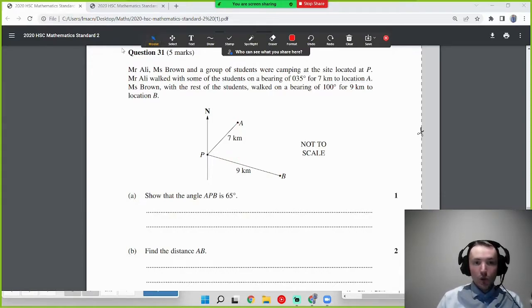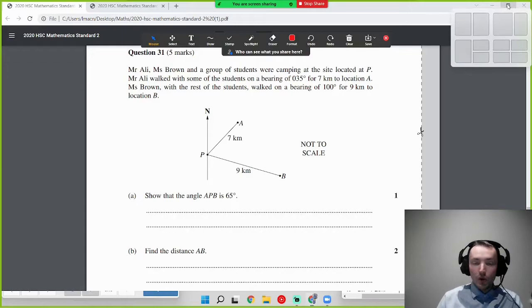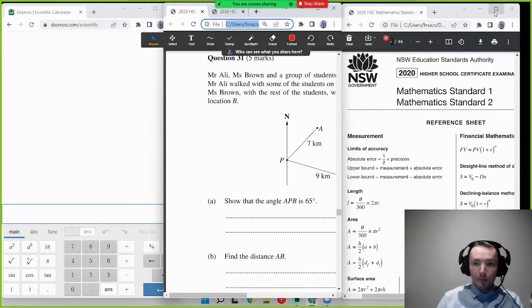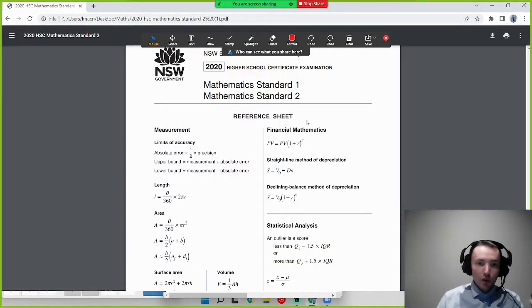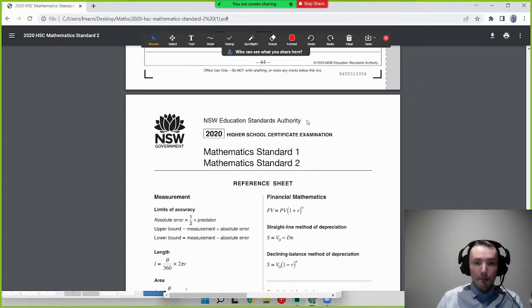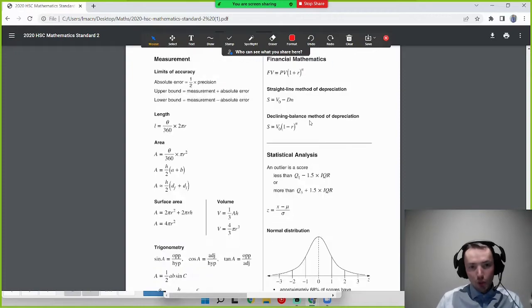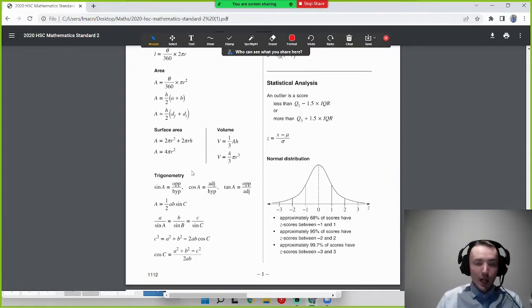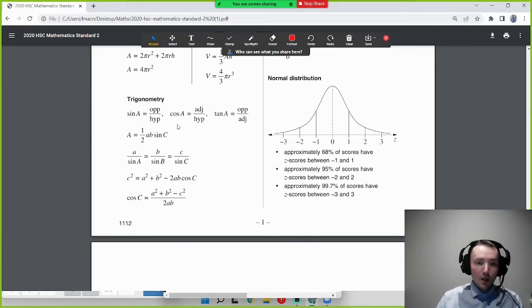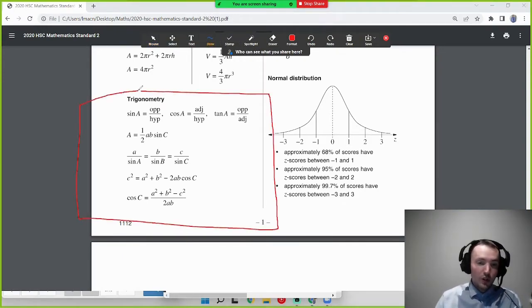I'm going to minimize this window and open this one. At the bottom of every paper, you're given a reference sheet. As soon as you see any type of trigonometry, you should have this bottom right part open.